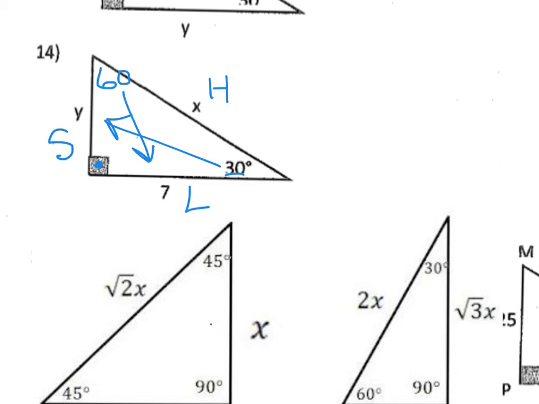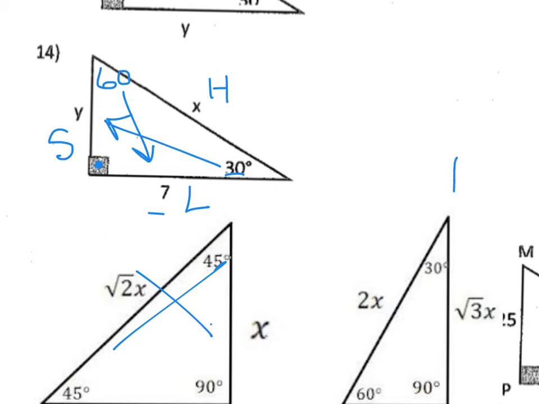So first let's start with a piece of information that it gave us, and it gave us a long leg of 7. So we can't go long leg, hypotenuse, short leg. We have to go long leg, short leg, hypotenuse. So let's take a look at our rules down here. We're not using this one because that's a 45, 45, 90 triangle.